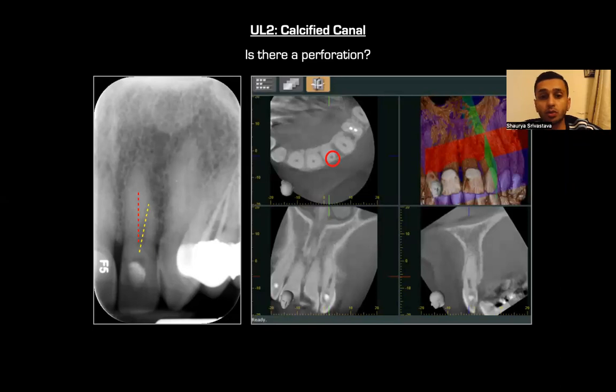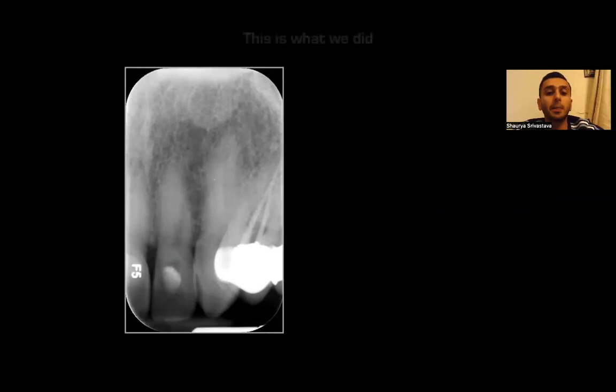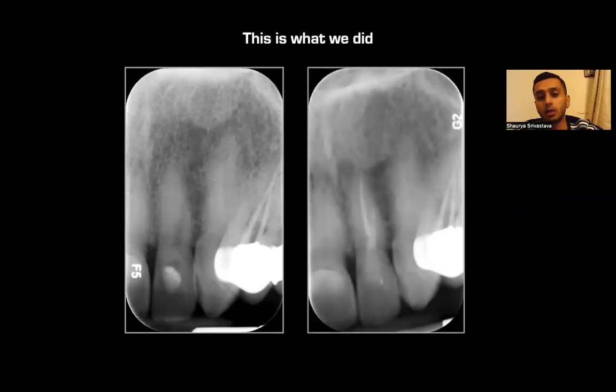And if you see that yellow line on the right side, that's approximately where that canal would be. So again, we know where we're looking for the canal to be. We know where the almost perforation, the misaccess is, and we can plan our treatment well enough. So no perforation, canal is present. And this is the treatment that was done.